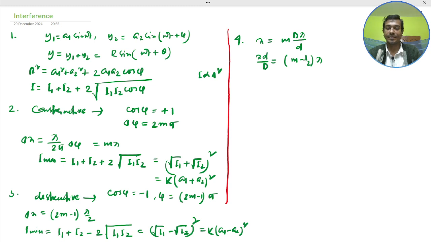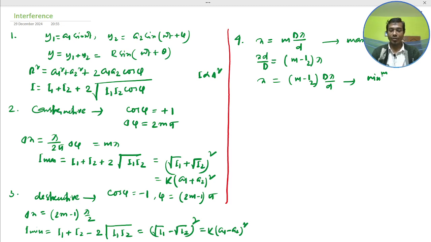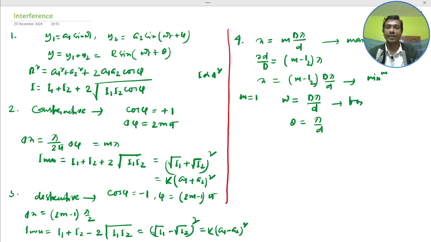This is the maxima x, and the minima x is equal to (m minus half) lambda D by d. This is for the minima. So fringe width, putting m equal to 1, the fringe width w is equal to lambda D divided by d, and the angular fringe width would be theta equals lambda by d. This is the fringe width.